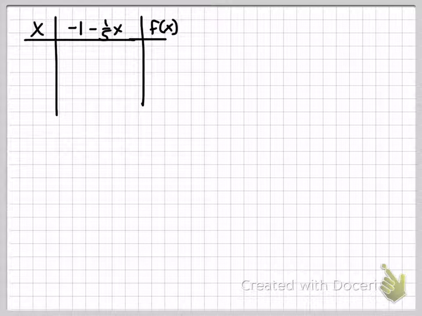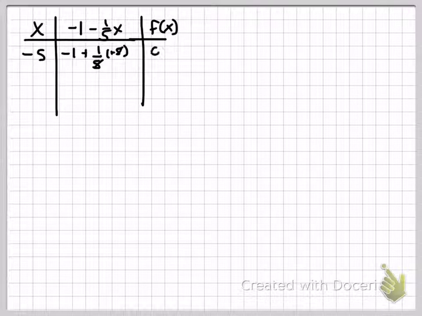What kind of numbers am I going to pick here? Yes. Multiples of 5. So I'll start with -5. -1 minus 1/5 times -5. Cancel, cancel, positive, positive. We end up with 0. The next one, let's go with 0. -1 minus 1/5 times 0.